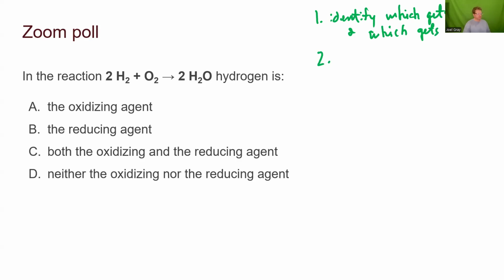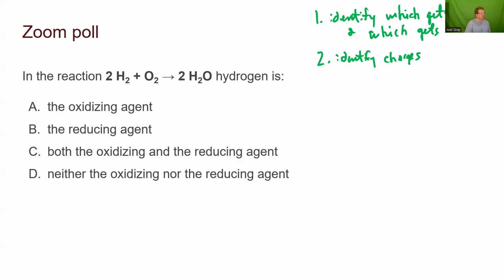Second, as soon as you do that, or in order to do that, identify the charges. Or maybe this is step zero. I don't know exactly, but you kind of bounce back and forth.